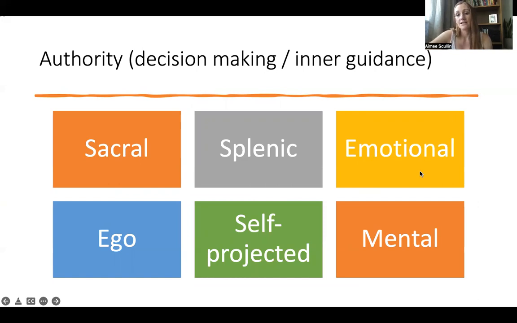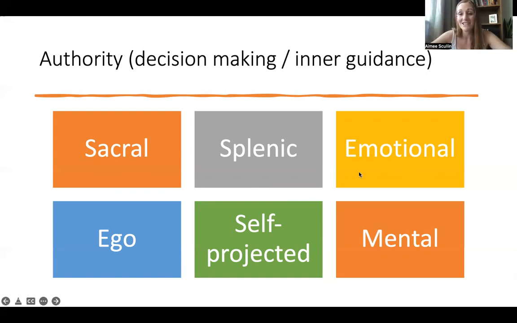The emotional center, so about 50% of the population will have emotional inner authority, which is interesting because so many of us have been conditioned away from our emotions. The emotional being will have highs and lows in an emotional wave, and people around them who are absorbing and amplifying that because they're not emotional find it very uncomfortable, and they have conditioned it to be squashed or told that your emotions are inappropriate, and only feeling the good emotions is good.